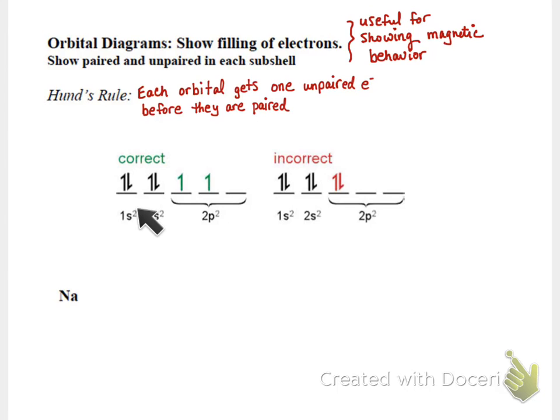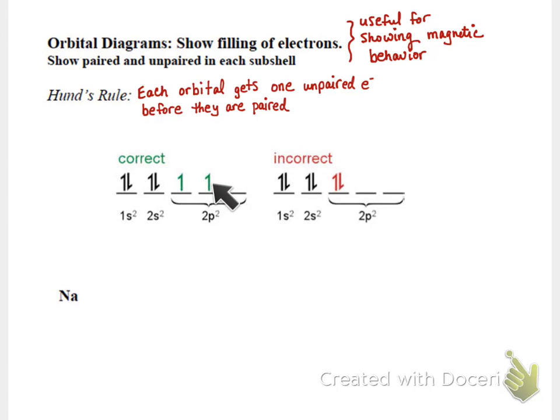So the correct way to write this, if you have 6 electrons to put into the 1s and then the 2s, and then 2 more electrons to put into the 2p, they are going to go 1 into each orbital. Remember that the p orbitals have 3 orientations, 3 orbitals.